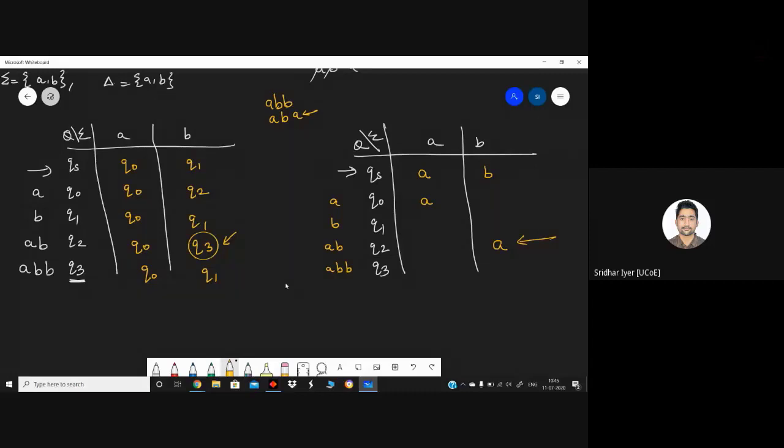So whatever is the output of these columns, that will remain same for each transition. The only change will occur at this point where we should replace a B with an A. If I'm clear, kindly let me know, because otherwise the outputs in these columns are not going to change. The only change will happen at this junction where ABB is getting formed. Wherever ABB is getting formed, we have to convert it and change it to ABA, right? Clear with this?